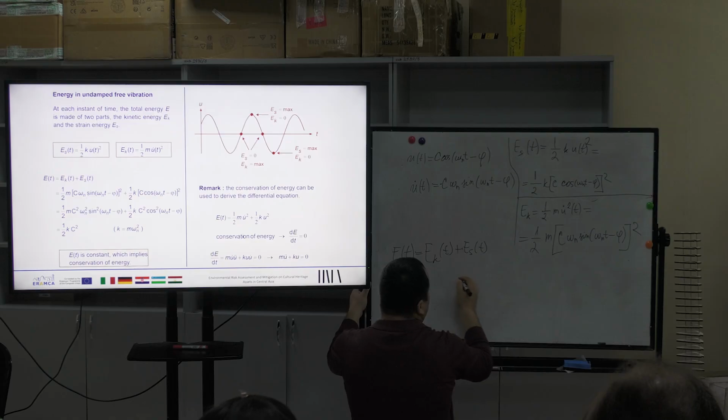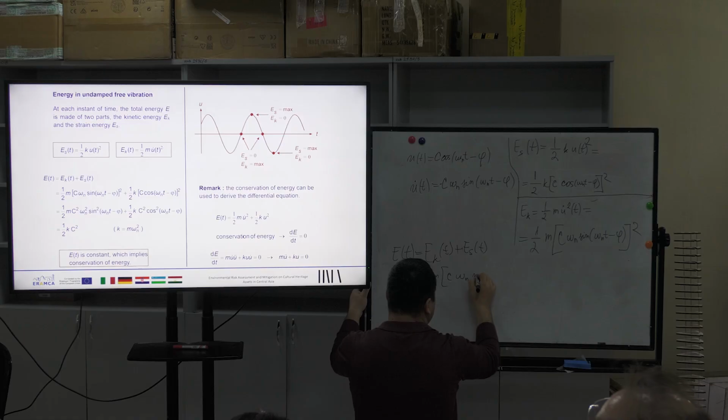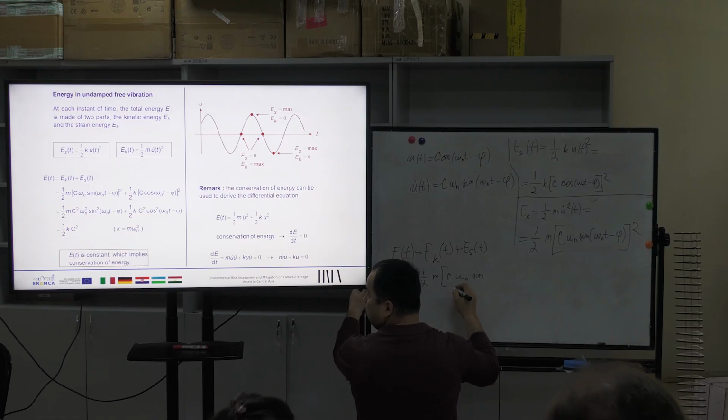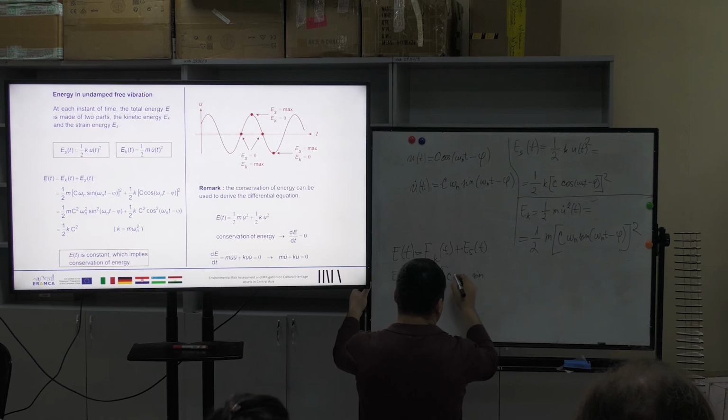E(t) is equal to 1 over 2 m c squared omega n squared sine squared (omega n t minus phi).